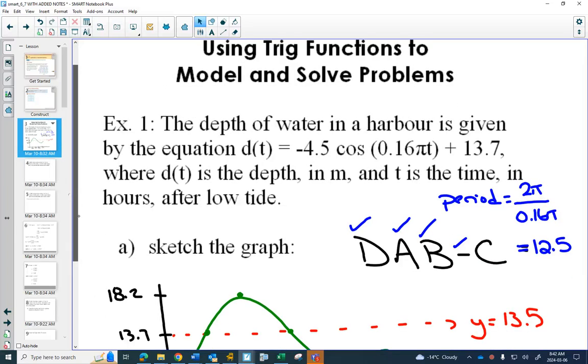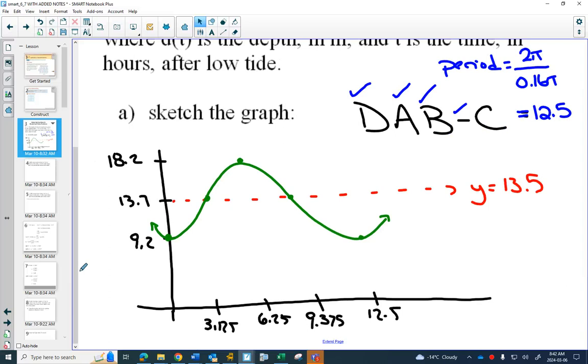So if we look at the graph, and we look at this graphically, it needs 14.5, so I'm going to put 14.5 on here. And with the blue dotted line, I'm just going to draw a horizontal line at 14.5. Does it make sense that only in this highlighted yellow section is the water deeper than 14.5?